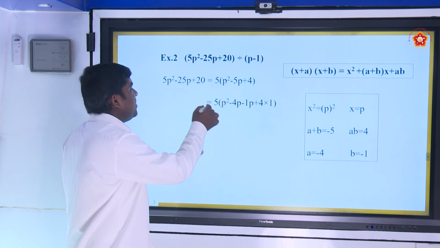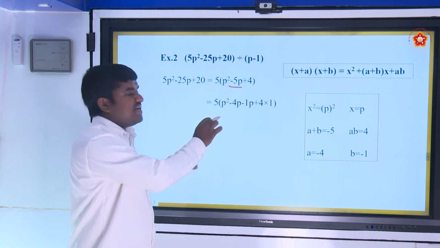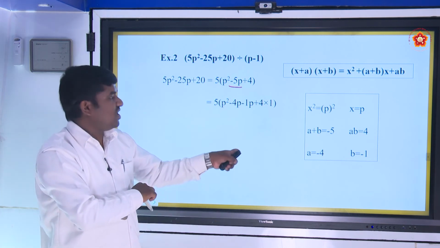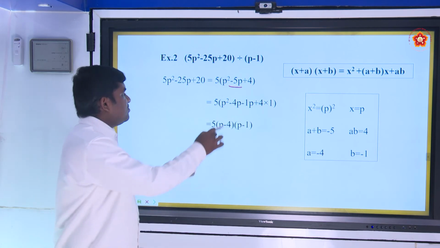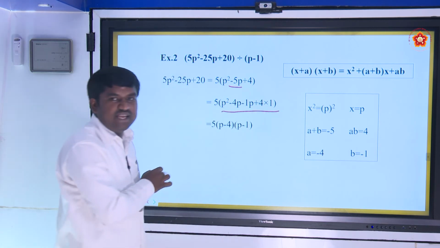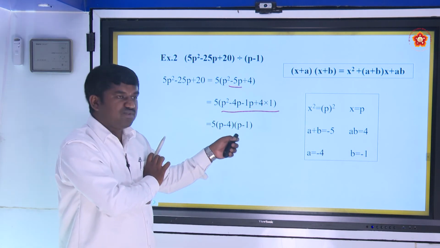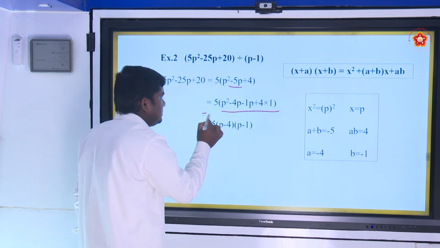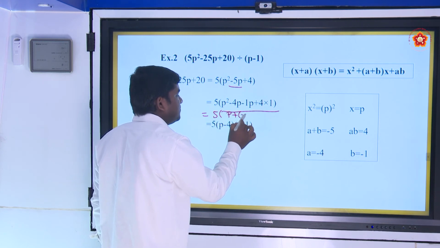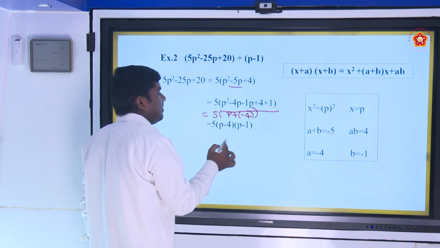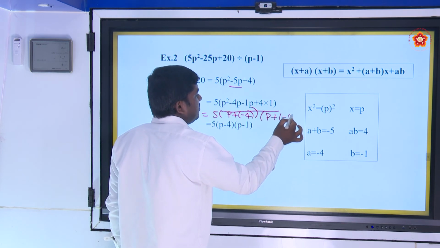So 5 into p square as it is, minus 5p can be written as minus 4p minus 1p plus 4 into 1. We know that formula, (x plus a) into (x plus b). X is p, so p plus of minus 4, then into p plus of minus 1.